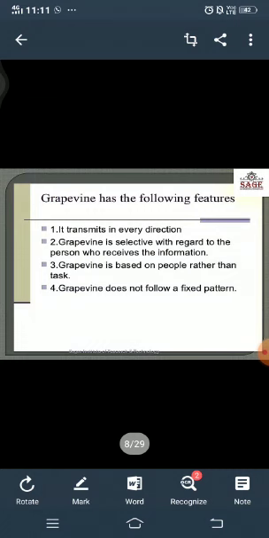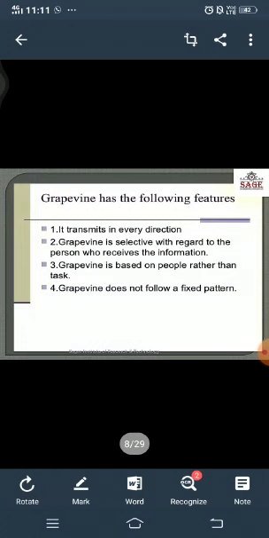We have to be very sure that grapevines are sometimes very true, and they actually help us to be prepared for future challenges, and sometimes grapevines are absolutely useless and we should not worry about them. We should not waste our energy; rather we should look for the source and try to curb it. Grapevine does not follow a fixed pattern.